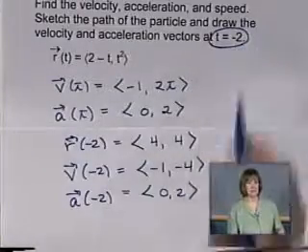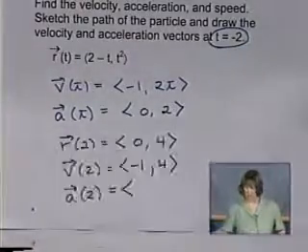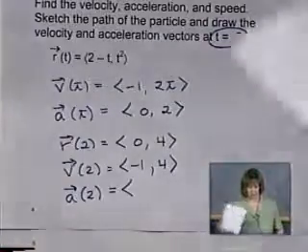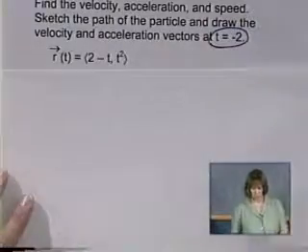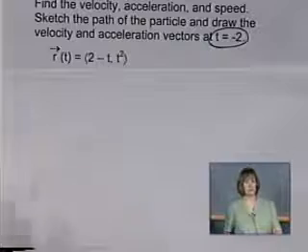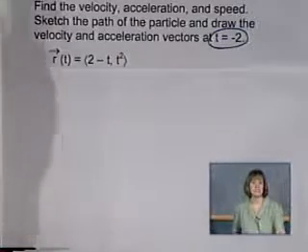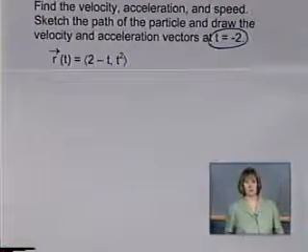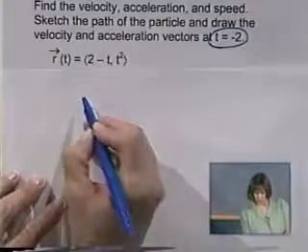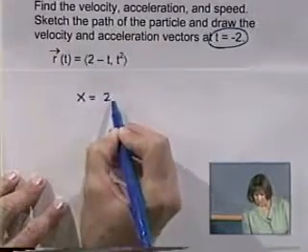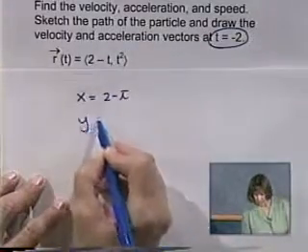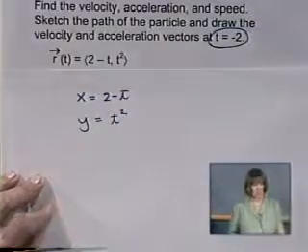Well, in fact, they just want me to draw the velocity and the acceleration vectors at the point that corresponds to t equals -2. So first of all, before I sketch my curve, I'm asking what does the curve look like whose vector function is given as r of t equals 2 minus t comma t squared? Well, notice your x-coordinate is equal to 2 minus t, and your y-coordinate is given as t squared.